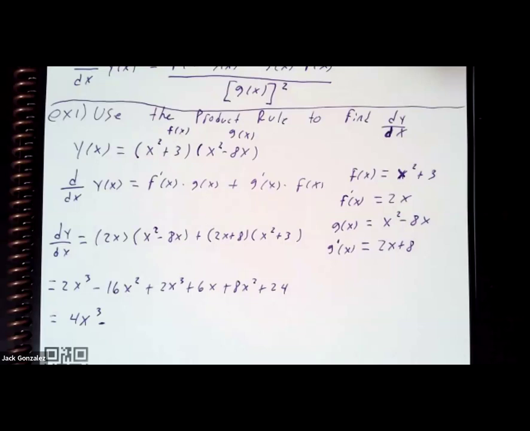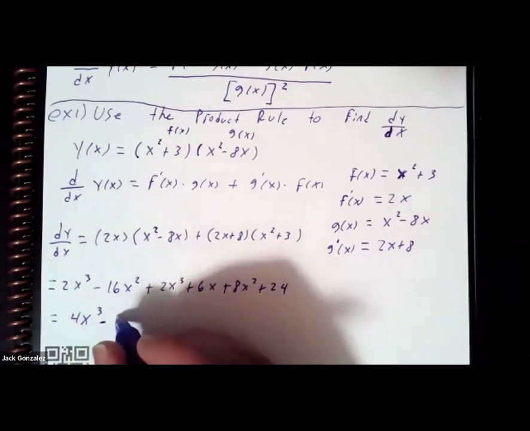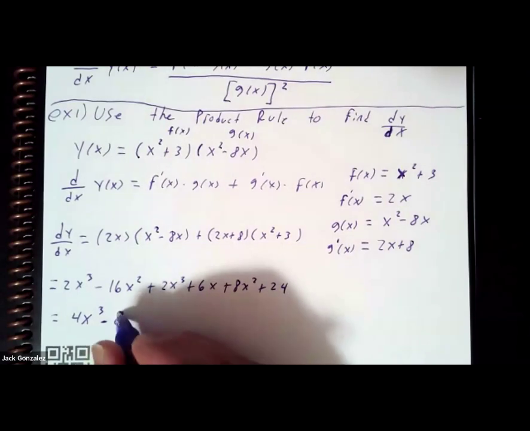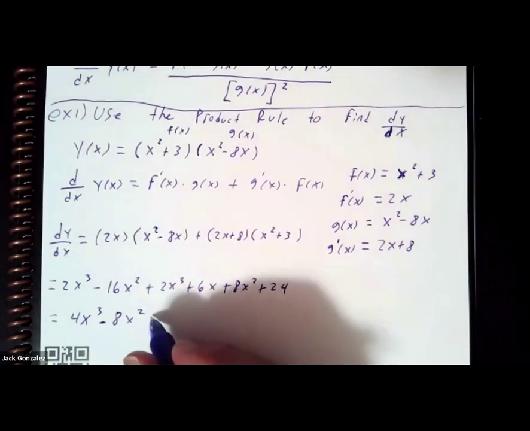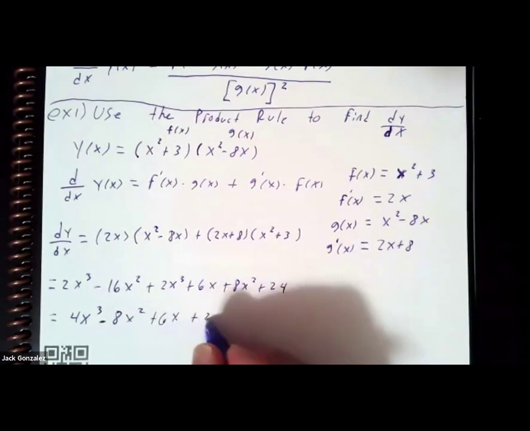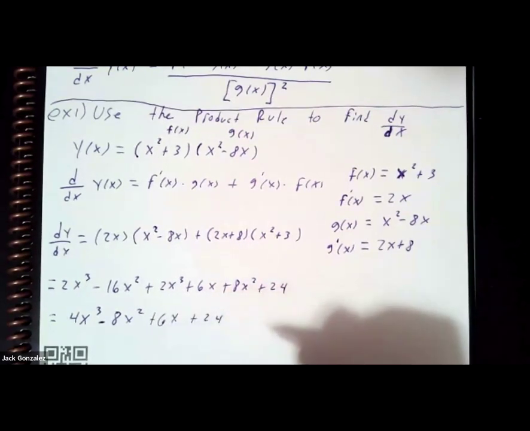Yeah, I don't see a mistake. Do you guys? Hmm. Negative 16 plus 8 is negative 8, plus 6x plus 24. So it looks like I have a sign error somewhere.